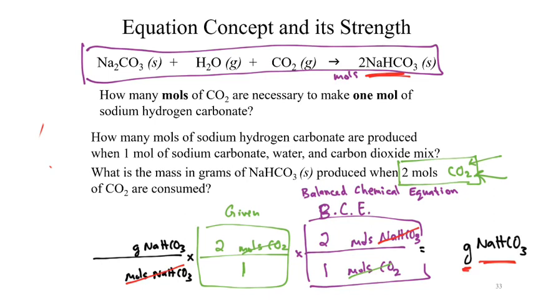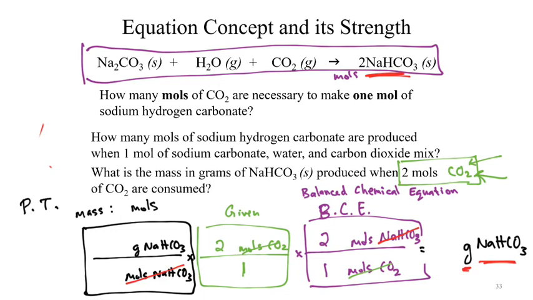So this conversion factor, I want it to exist. I want the conversion factor that relates mass to moles. And if I have that, I have my answer. Based off of our last video, you should recognize that we do have that. That conversion factor is found on the periodic table.